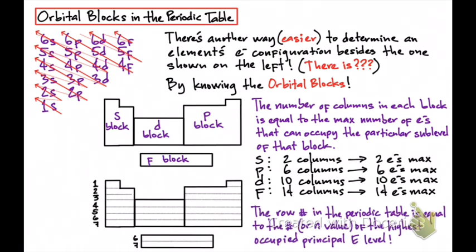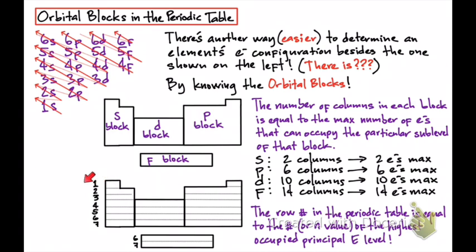And when you look at a periodic table, let's say this periodic table shown here, the row number in a periodic table is equal to the n value of the highest occupied principal energy level. So basically, if you have row number 1, that means that the highest principal energy level that's occupied is the first energy level.